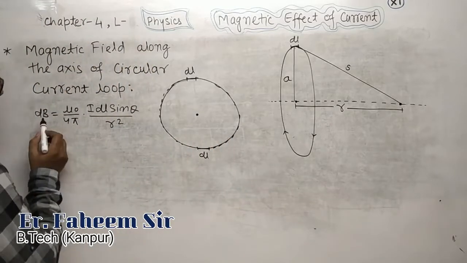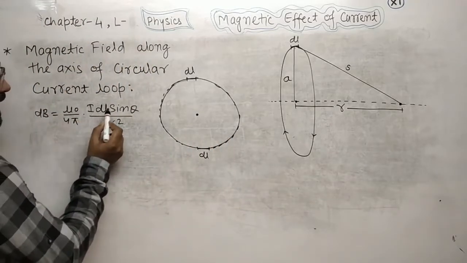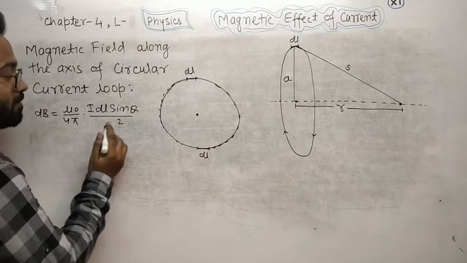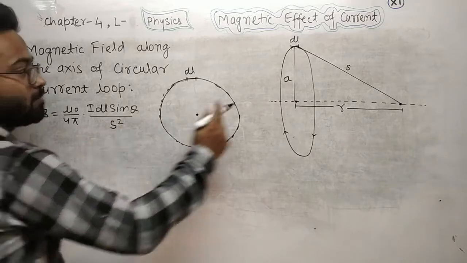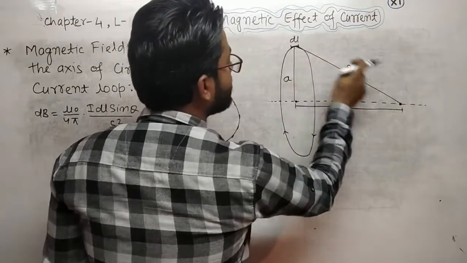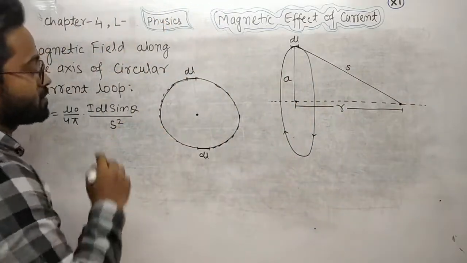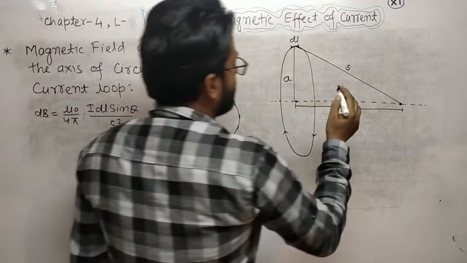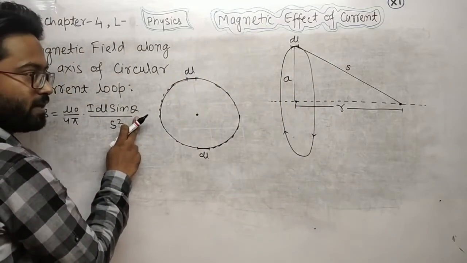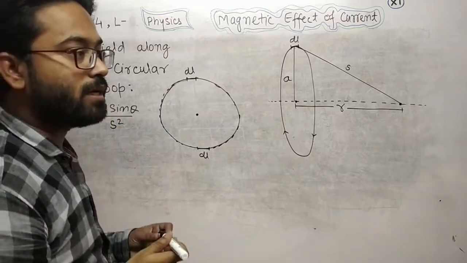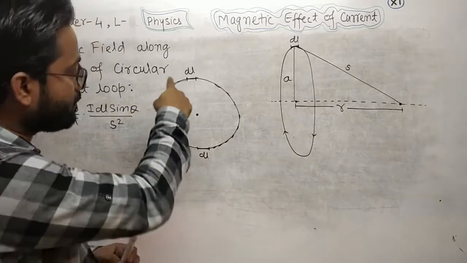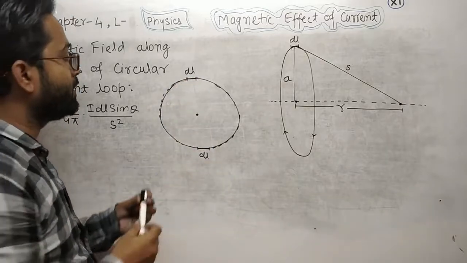By the formula, dB is equal to mu naught by 4 pi, I dl sin theta upon r square. In place of r, we will write S because we have taken the distance between that point and dl as S. Theta is the angle between dl and the position vector.